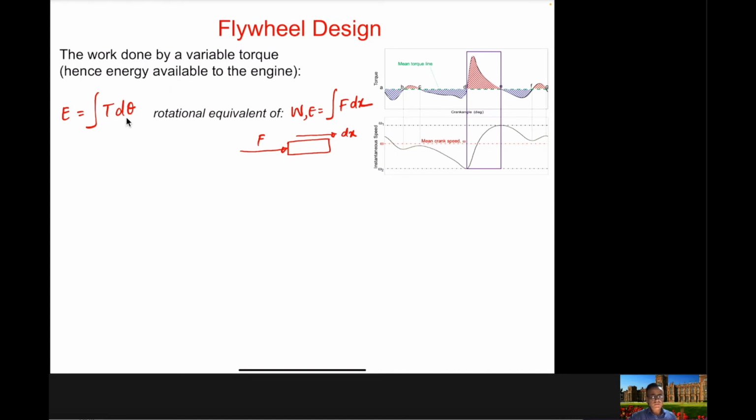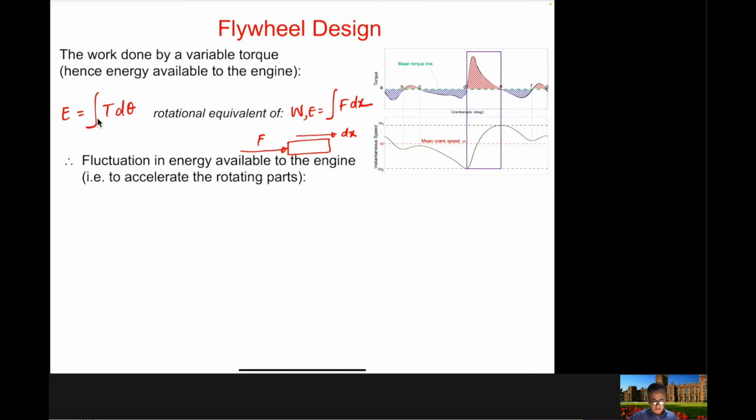So this is how you write the equation for the energy from this torque, or in other words, if you find the area under the curve from the torque diagram, which is the integral of T with respect to d theta, you will get the energy.